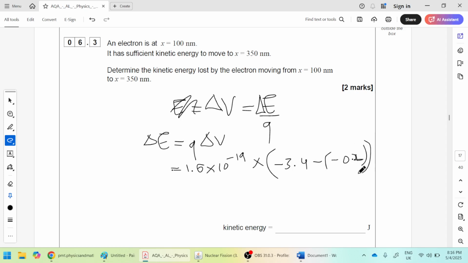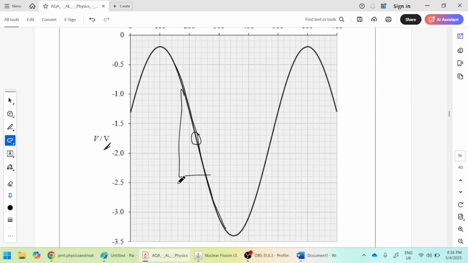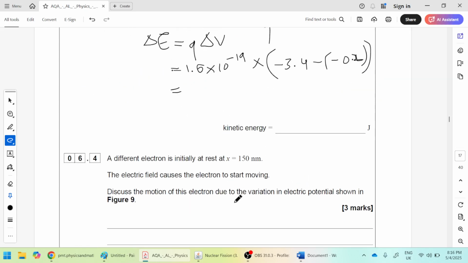The difference between these two values is 3.2, isn't it? It should work out to 3.2. Yeah, don't worry about the overall sign. What you're interested in is basically the difference between this and this. You're basically interested in that difference over there. That's 3.2. Should work out to that. And when you calculate, that gives you 5.12 times 10 to the power minus 19.